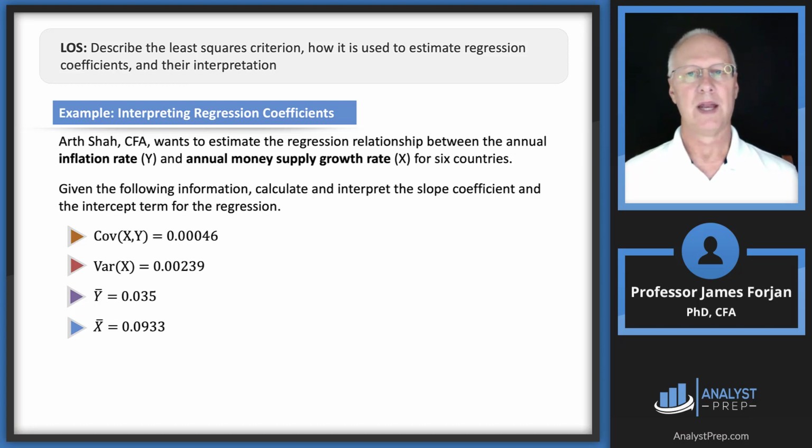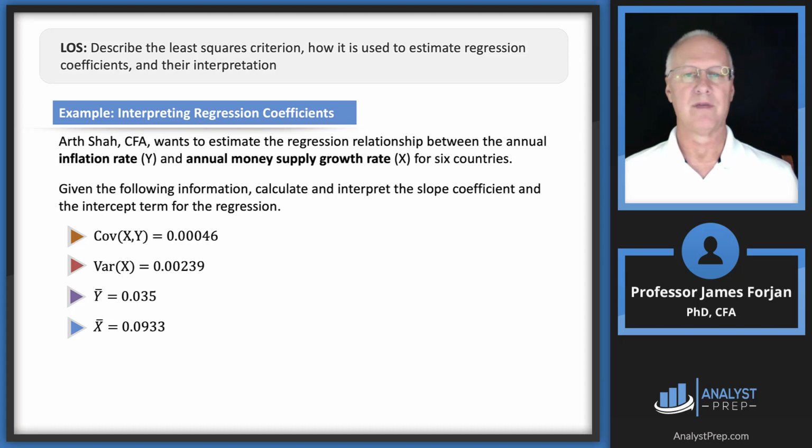So let's take a look at an example, and we're addressing the part of the LOS that asks how it is used to estimate regression coefficients. The LOS doesn't say to go ahead and calculate these, but let's do it, and then you'll be able to explain how. We have a financial analyst who holds the designation, estimating the regression relationship between annual inflation rate and the annual money supply growth rate for 6 countries.